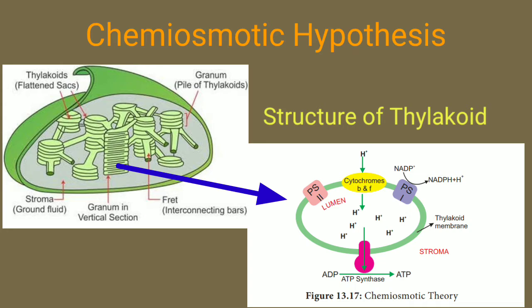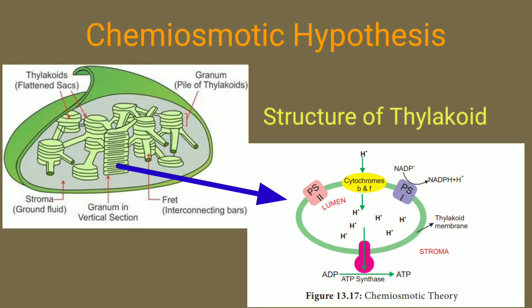And those electron acceptors such as ferredoxin, plastocyanin, plastoquinone undergo an electron transport chain, and in that way they produce two very important molecules. One is ATP and the other is NADPH2, and both are energy rich molecules.